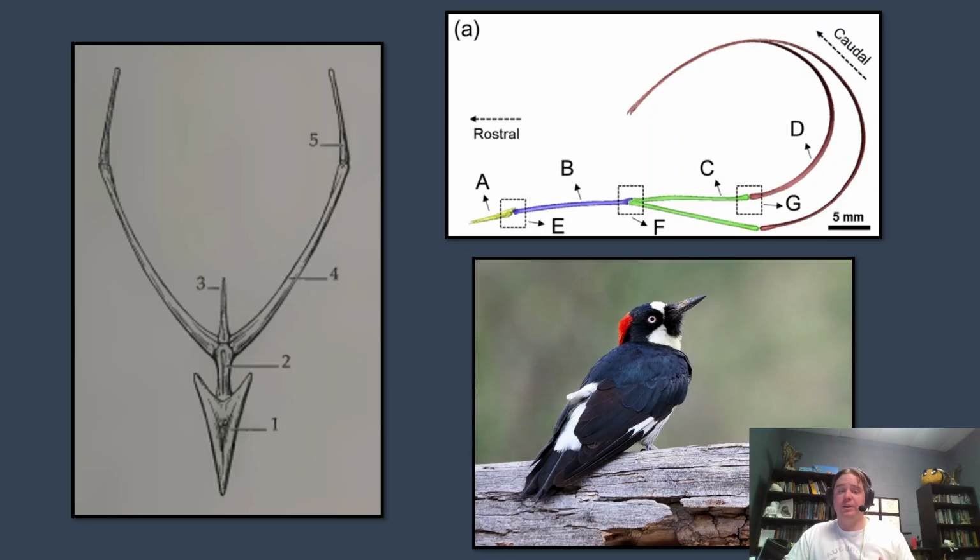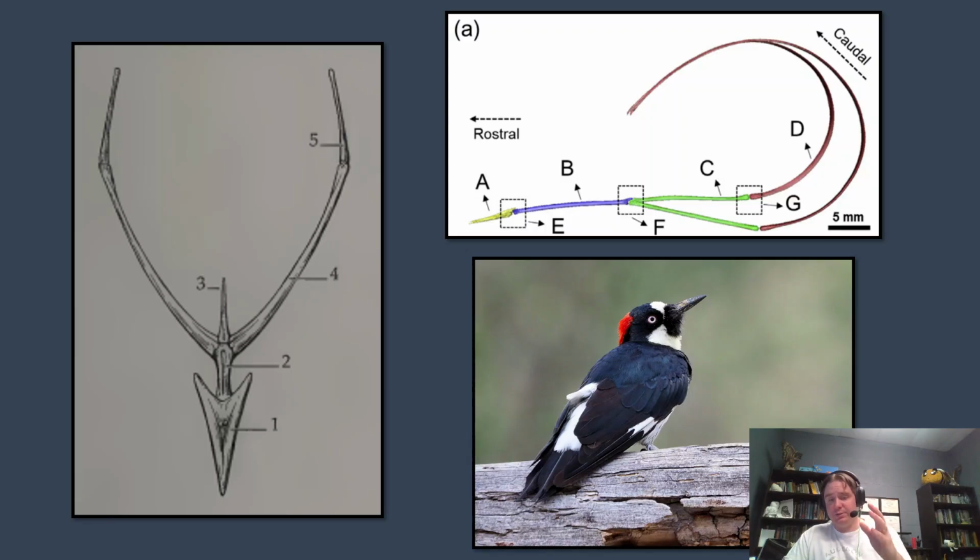So what they actually found in that paper was that no, the spongy tissue and the tongue bones aren't really doing anything to protect the brain. What really protects the brain, they said, is the tilt of the brain.